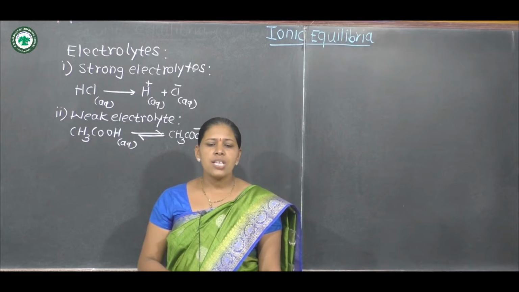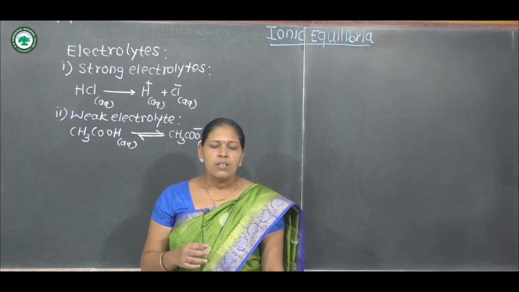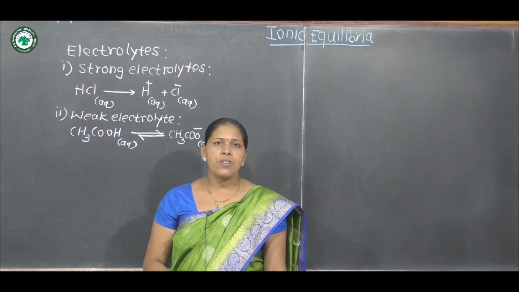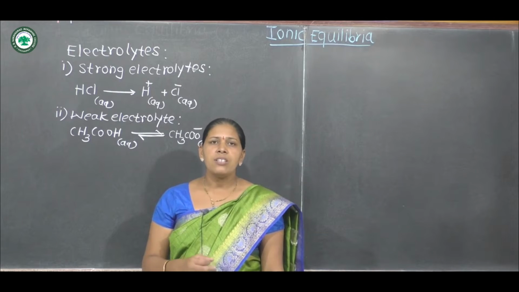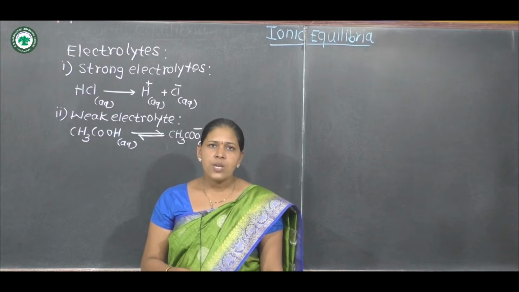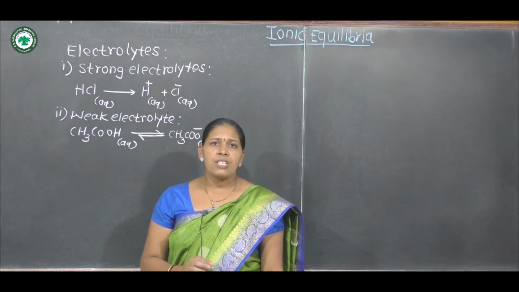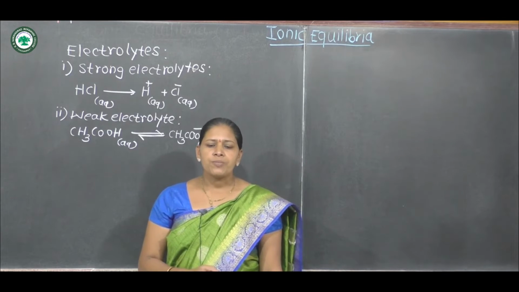These are also examples of weak electrolytes. Weak bases such as ammonium hydroxide are also examples of weak electrolytes. Then zinc hydroxide is also an example of a weak electrolyte. This example, zinc hydroxide, is not in your 12th science textbook.